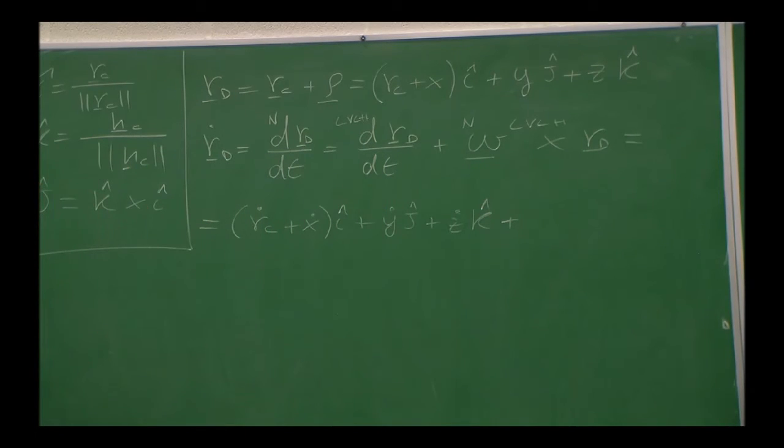What is the angular velocity of LVLH with respect to an inertial reference frame? What do you think that is? True anomaly dot, it's a vector. What else?